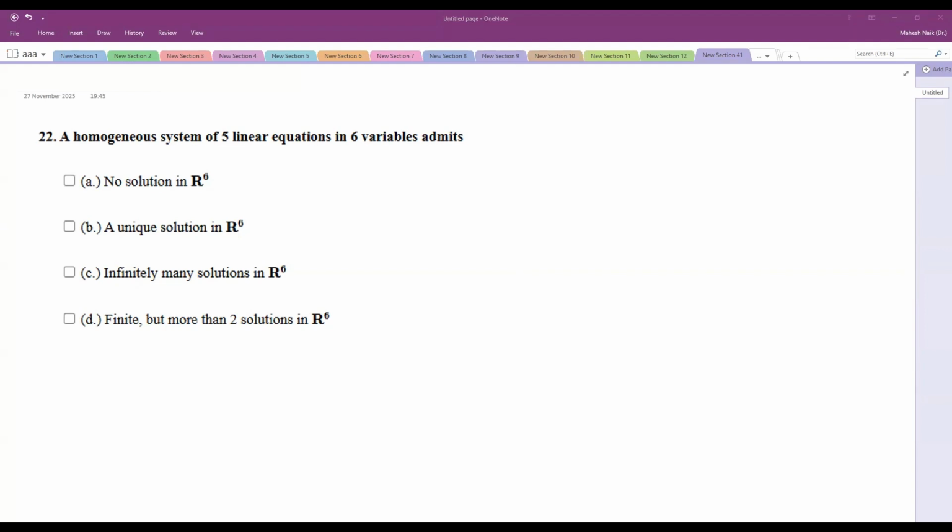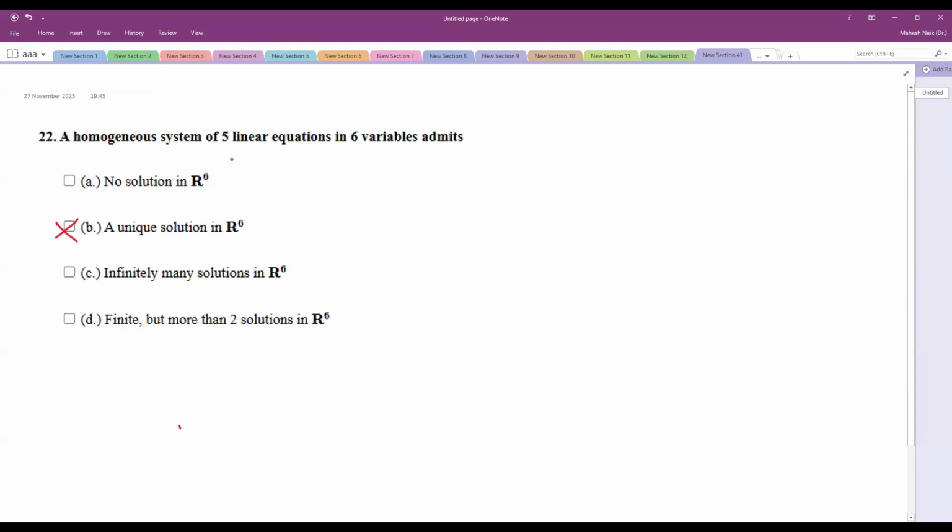There is a possibility where the rank is equal to 5, which is less than the number of variables, which will give us infinitely many solutions. For a unique solution, we want the rank, which will be at most 5, to be exactly equal to the number of variables, which is not the case.